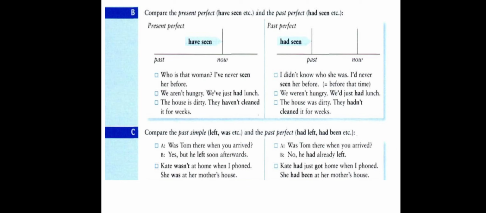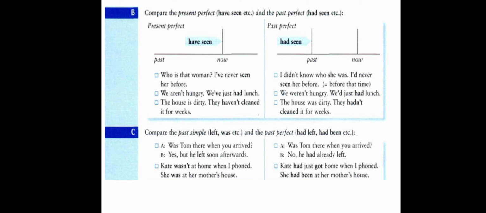So there is a gap between phoning and being at her mother's home. So being at her mother's home is the first action with a gap of time before phoning. So we give the first action, being at her mother's home, past perfect. So it becomes she had been, not she was. Had plus the past participle of was or is becomes been.